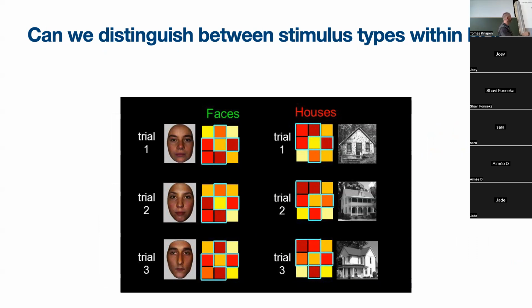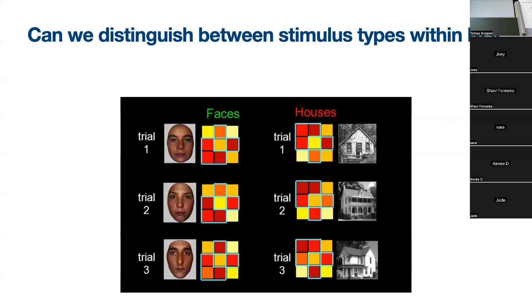What pattern of activation do the houses have in common, right? And if I can identify such a pattern, then this means that there is a different state of activation for faces versus houses. It means that I can start using this region of interest to read out whether a face or a house is being shown to my observer, right?